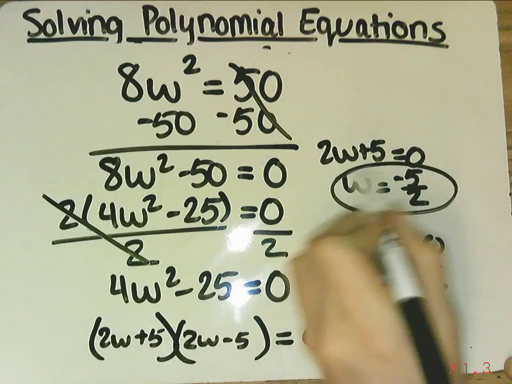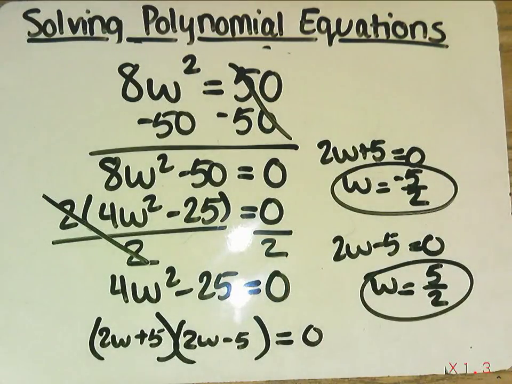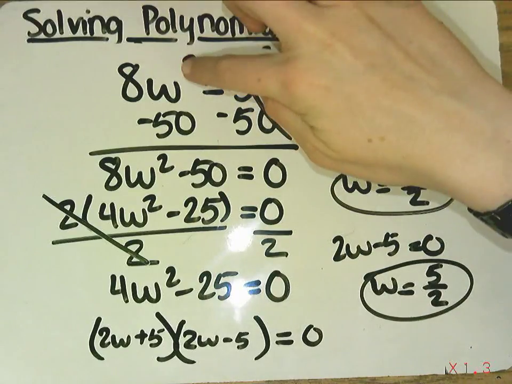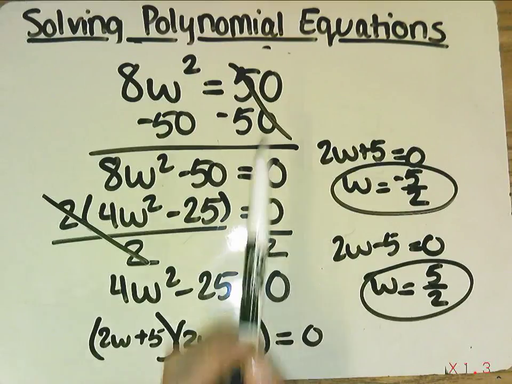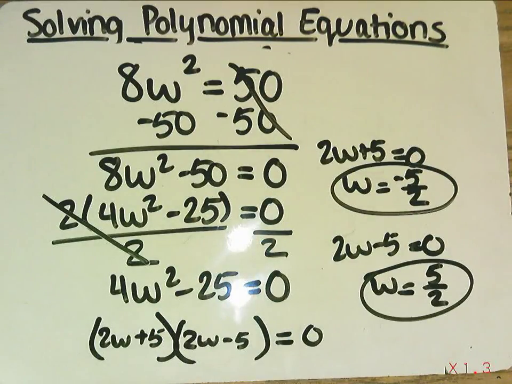So these are your two solutions to your equation. If you wanted to check your work, you could separately, one at a time, plug each of these values in for w and make sure that your equation equals 50, and I'm sure that it would. And that's how you solve polynomial equations.